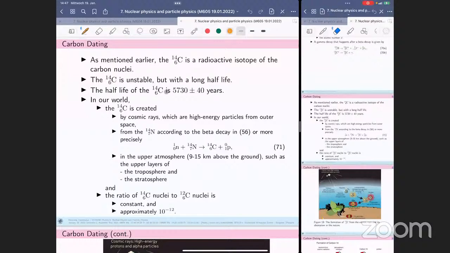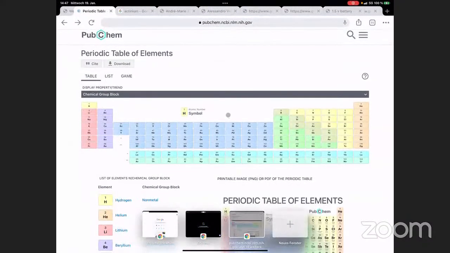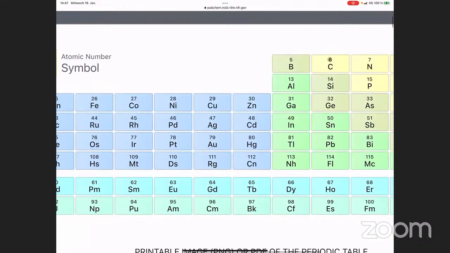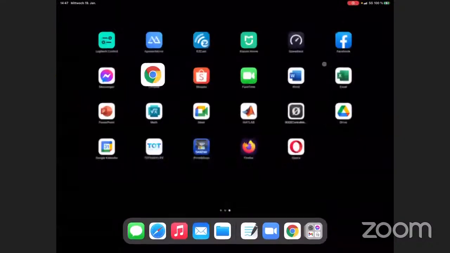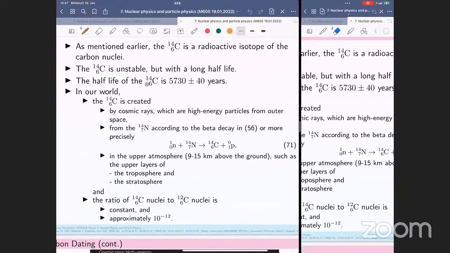The half-life of carbon-14 is 5,730 years, plus or minus 40. Carbon is the element that has 6 protons, and in this version the carbon has 8 neutrons.